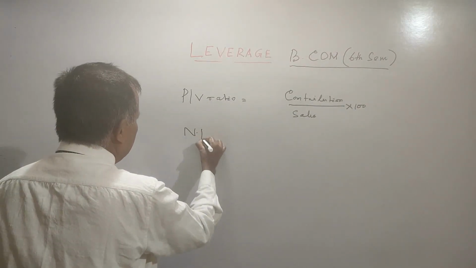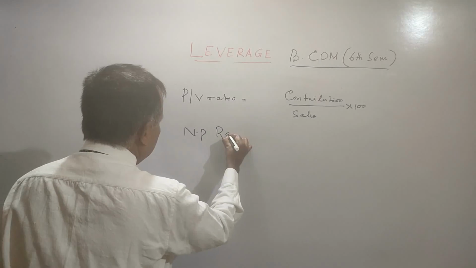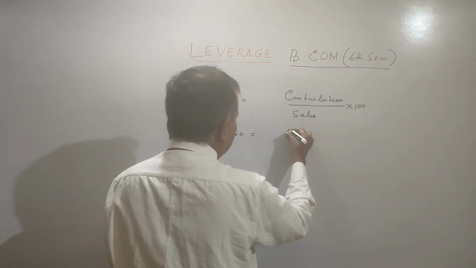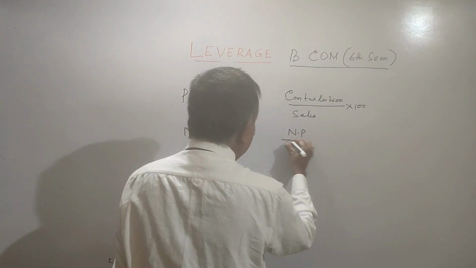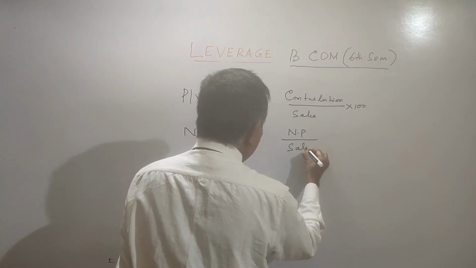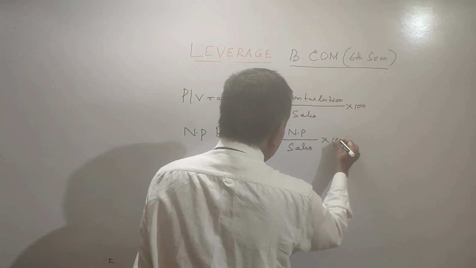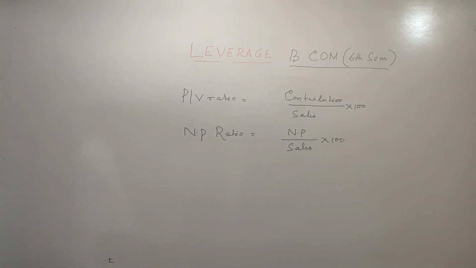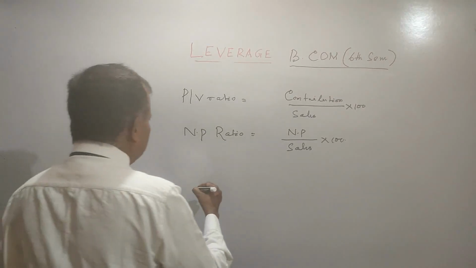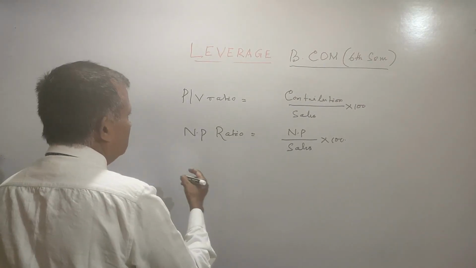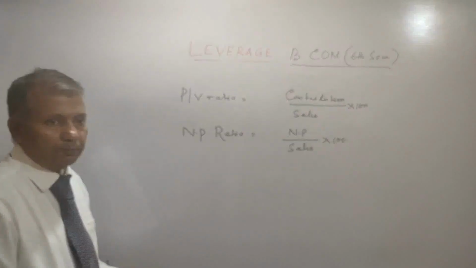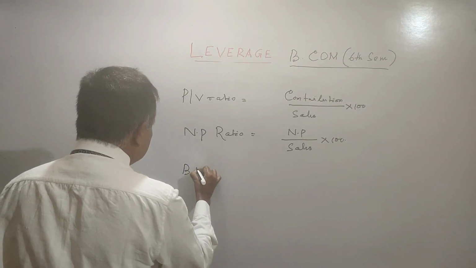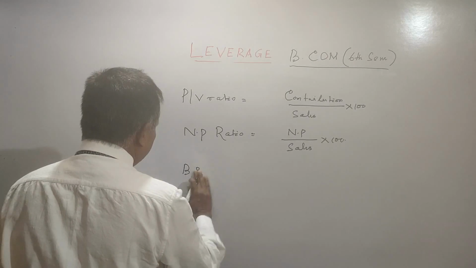Another one is your net profit ratio. This is very simple, all of you know: net profit divided by sales into 100. And as you know, besides the net profit ratio and PV ratio, sometimes we also use the break even.